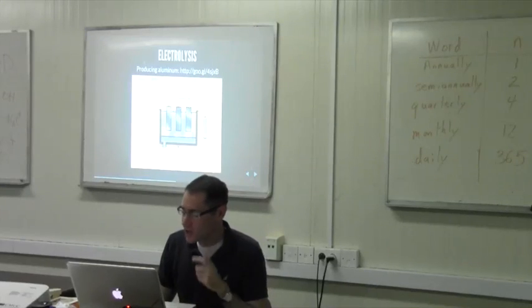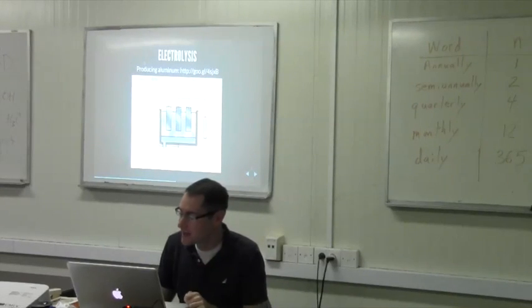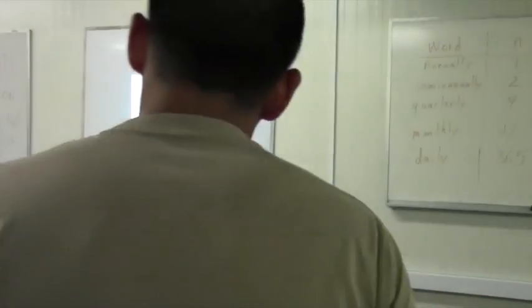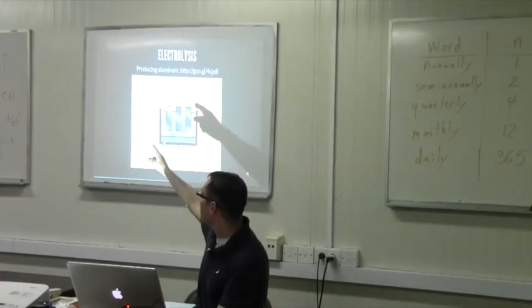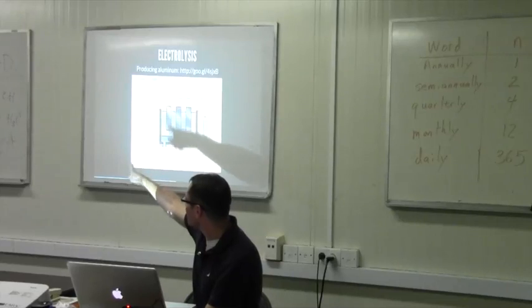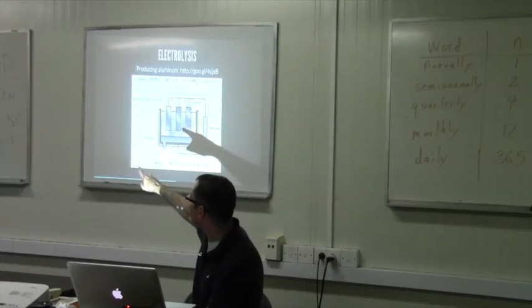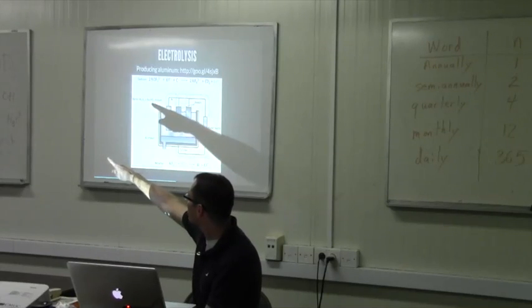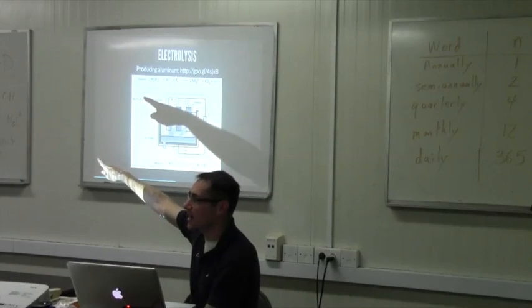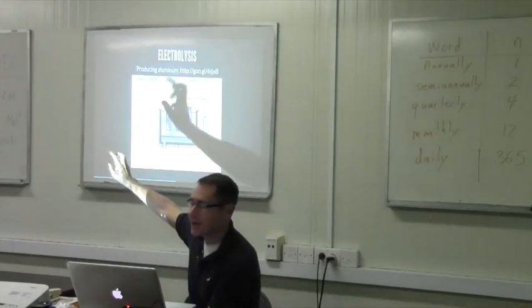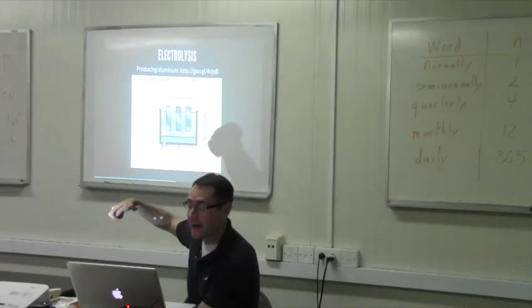Okay, so the next thing I'm going to show you is a little how-it's-made video on aluminum, because aluminum uses electrolysis as well. You've got an oxidation reduction reaction where you're bringing in aluminum oxide, which I think is called bauxite, which you can mine out of the ground, and it has aluminum in it.